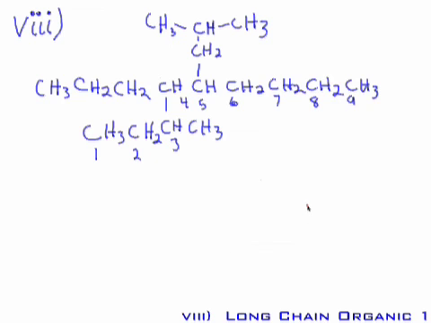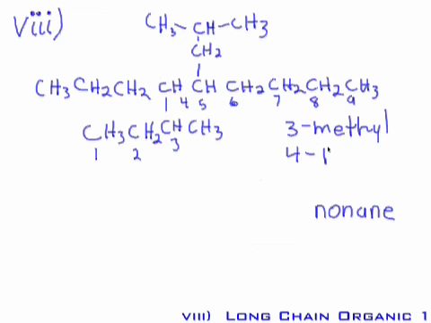This is a nonane. At carbon 3 we have a methyl, so I have a 3-methyl. At carbon 4 I have a 3-carbon propyl, so I have a 4-propyl.